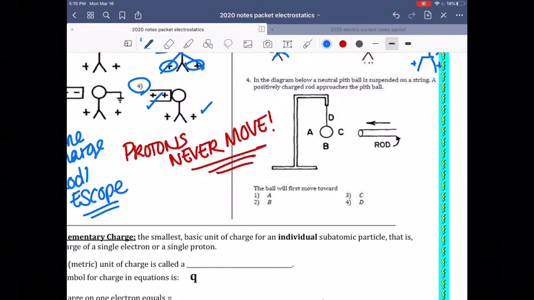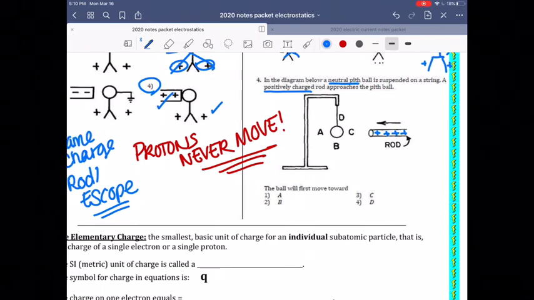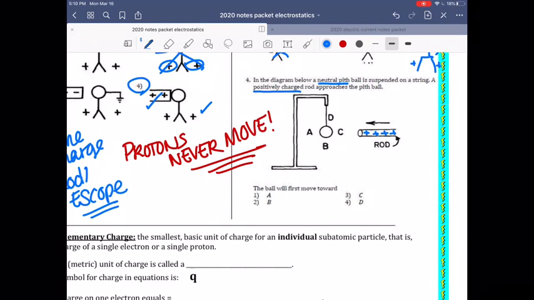Right. In number 4, it says the diagram below shows a neutral pith ball suspended by a string, and a positively charged rod approaches the pith ball. So these are positives. Okay. The ball will first move toward. Well, remember, the pith ball is neutral, so it has negatives and positives in here.